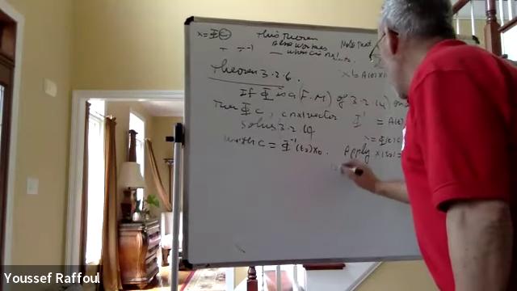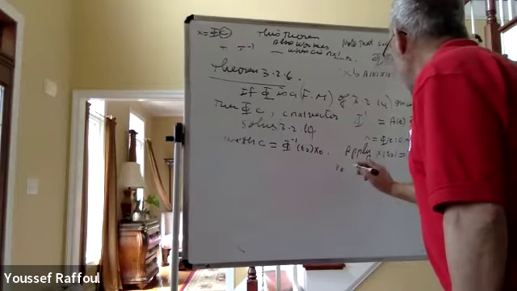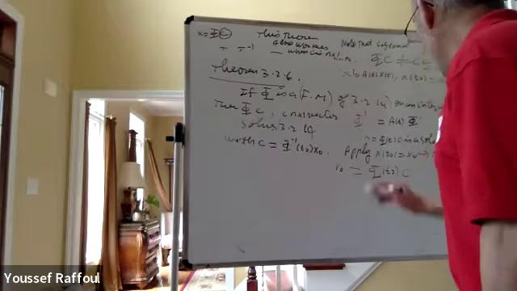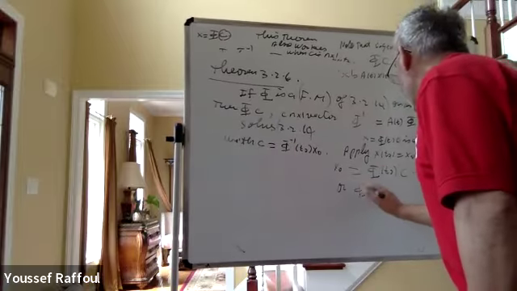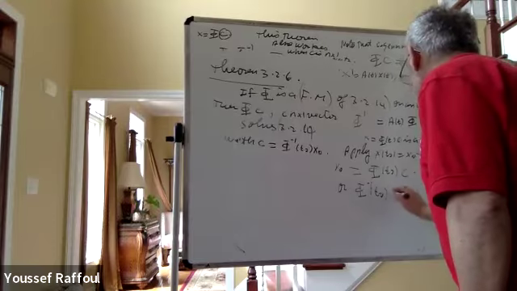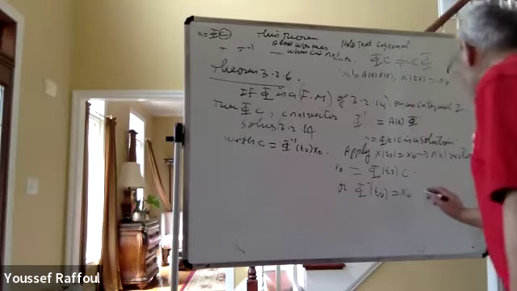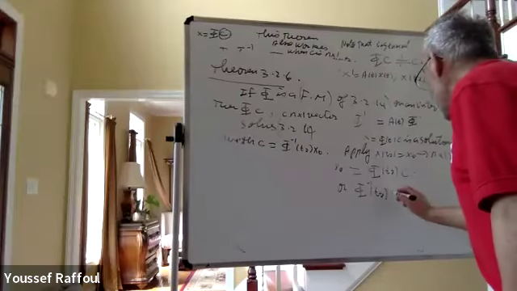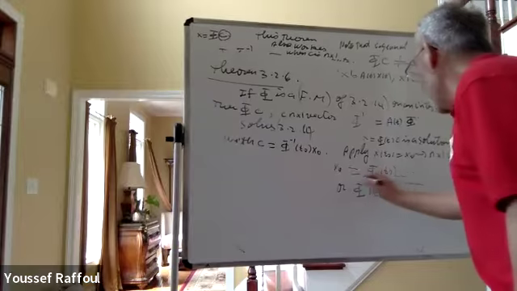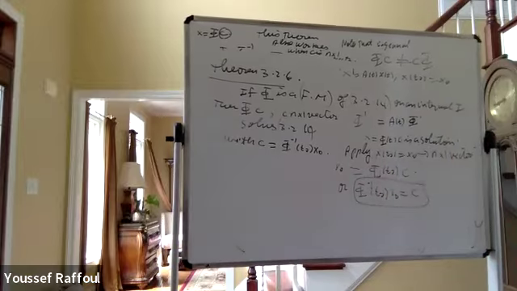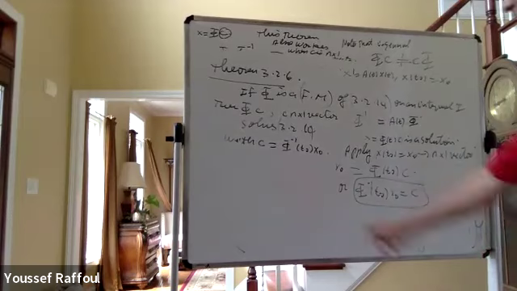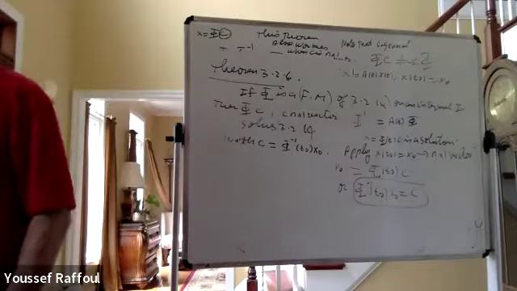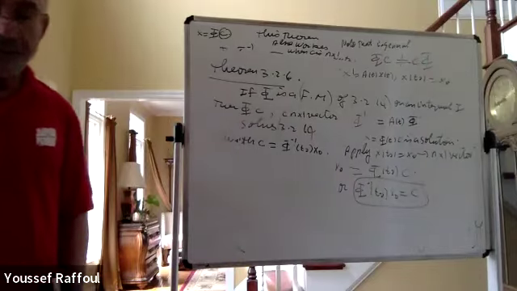So we have x naught equal to phi(t naught) times c, or phi inverse(t naught) x naught equals c. There we go. So this is how you determine your initial conditions, basically.